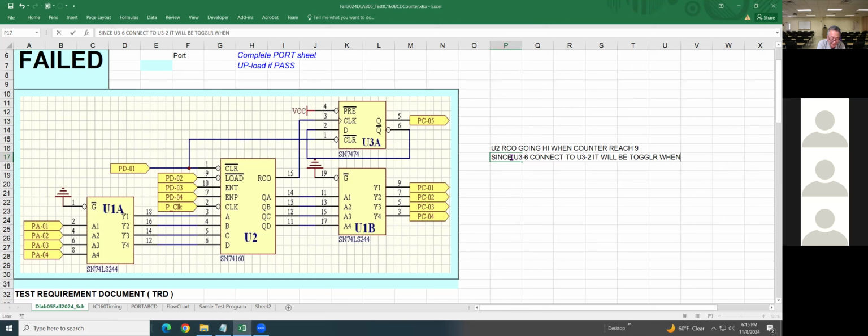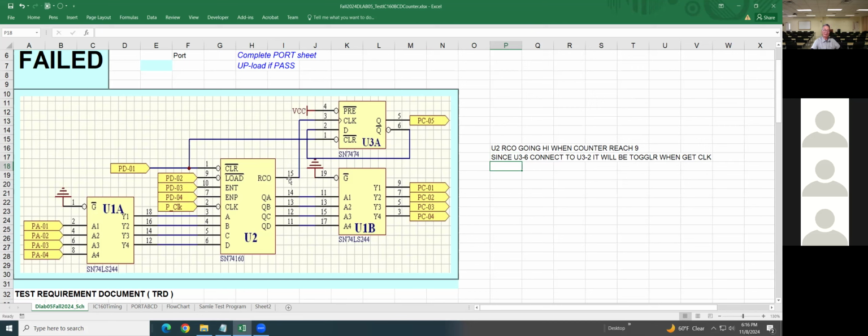when you get the clock. So when you're counting, number 7, this is 0. It goes to number 8, it's 0.